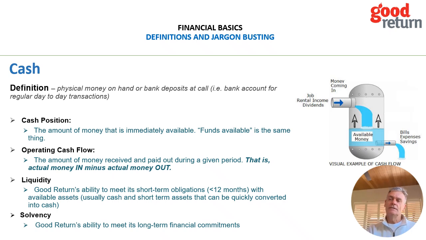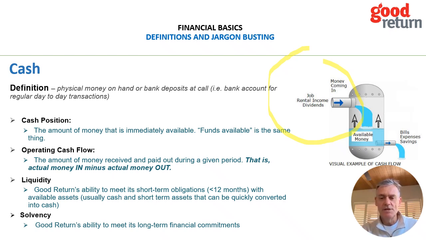So if you like, cash flow, just coming back to cash flow, is probably the most important concept to think about from your role's perspective. And you can relate it to your own personal situation. So the money coming in, for example, is probably coming, in your case, from the role you have here at Good Return. And if you're lucky, you might have an investment property, so you might be getting rental income.